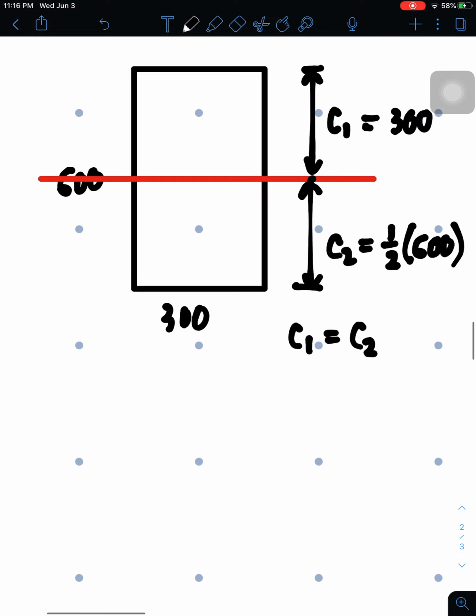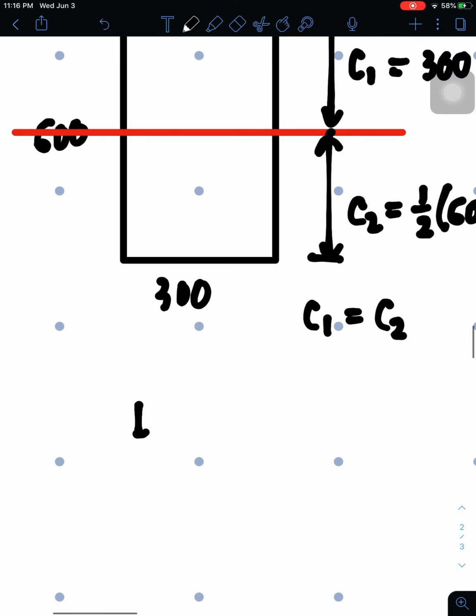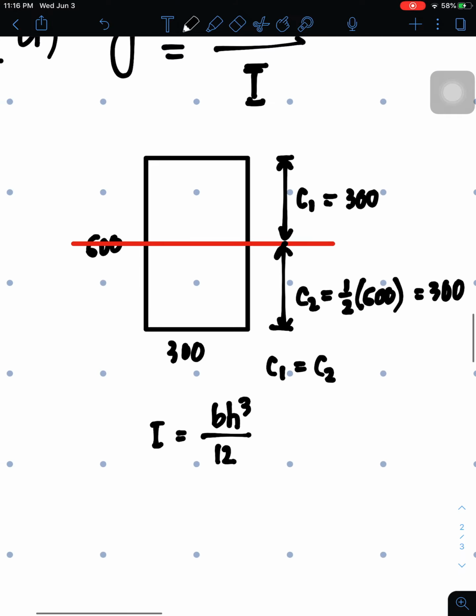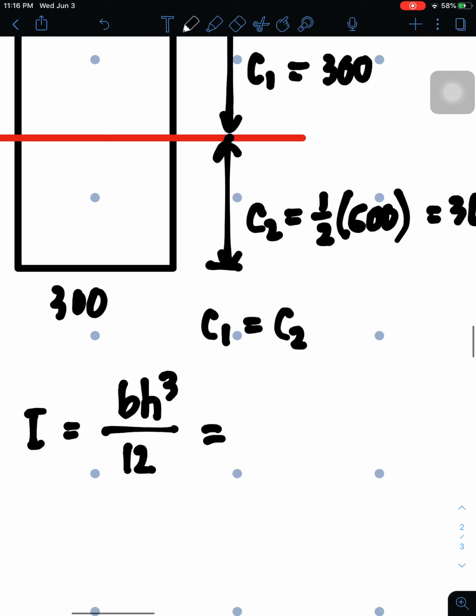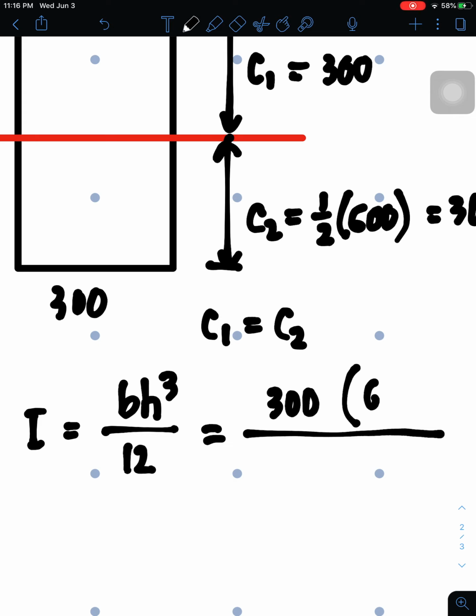And next, let's solve for I. I of a rectangle is BH cubed over 12. If you do not remember this, scan, nasa yung statics. So base is 300. The height is 600.